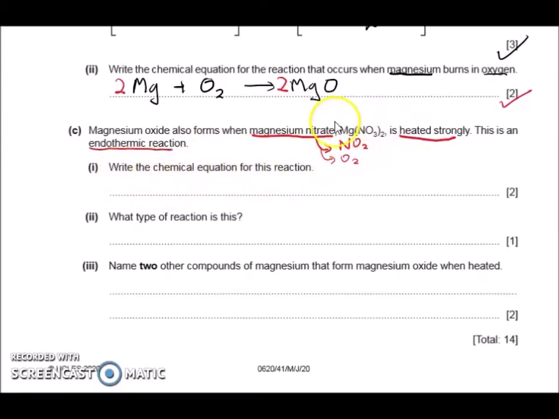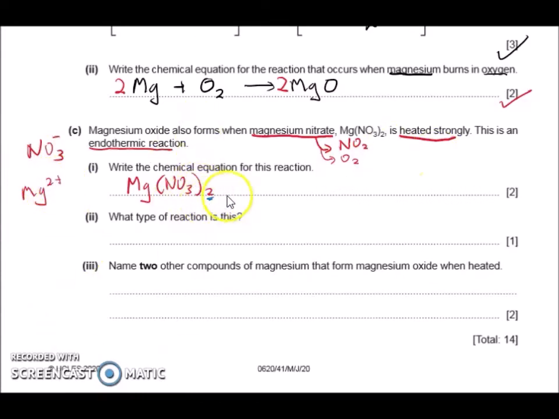So we take this magnesium nitrate. Okay, put here, because magnesium nitrate, let me explain to you in further detail. This is nitrate ion, this is a magnesium ion. So that's how we got here the 2.